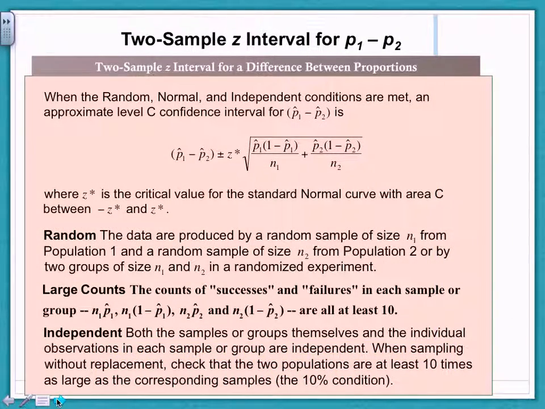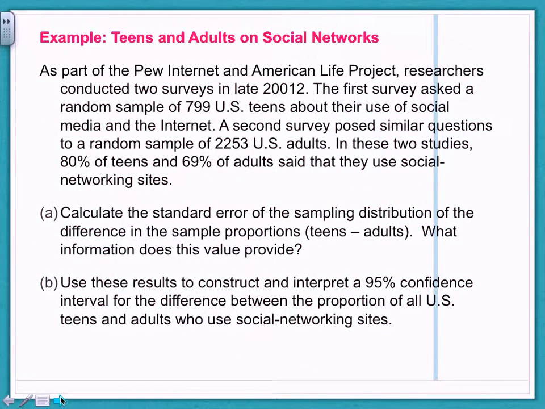Okay, so this is pretty much just reiterating what it said in the last slide, reminding you that you do have to check your three conditions to be able to run a confidence interval. And with your large counts, checking to see if it's normal, you have to do that for both, just like I did in video 1. So let's run through a quick confidence interval and then be done with this video.